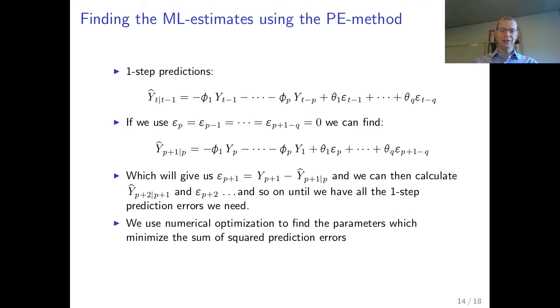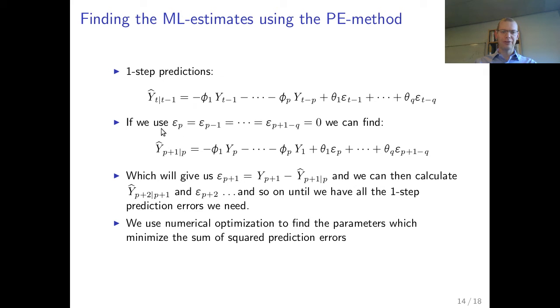With that given, we can evaluate the first y hat p plus 1 given p. We have the observations here, and we know that all these out here are 0. So we just basically calculate the first part, and then from that we can calculate epsilon p plus 1.